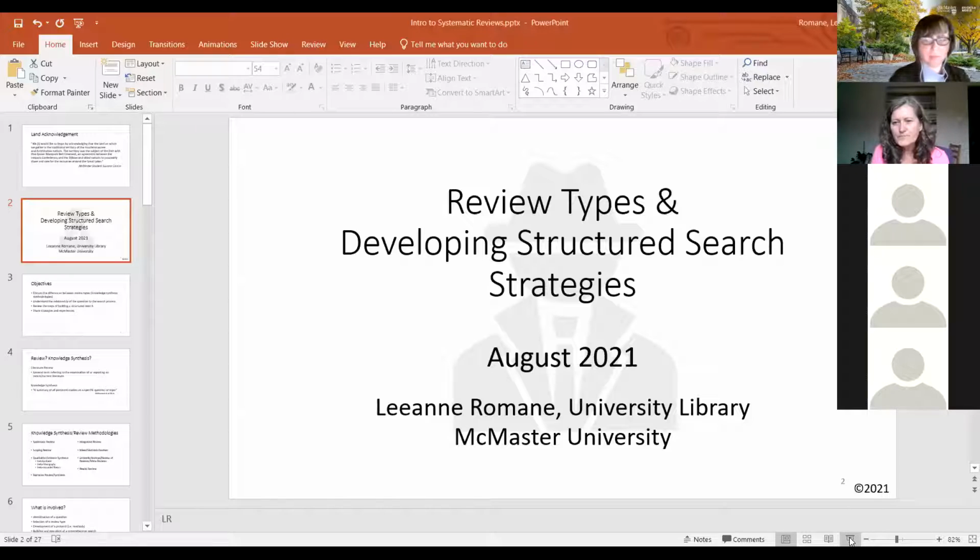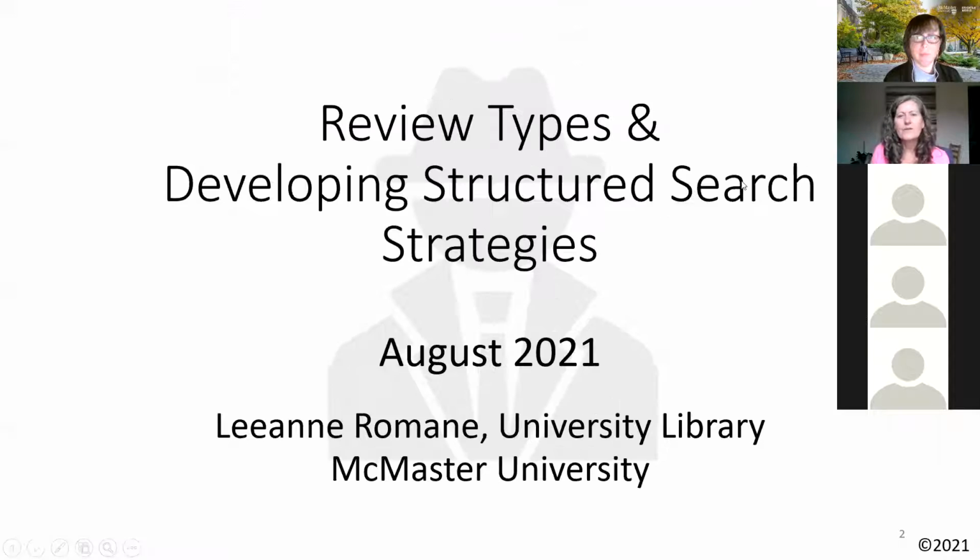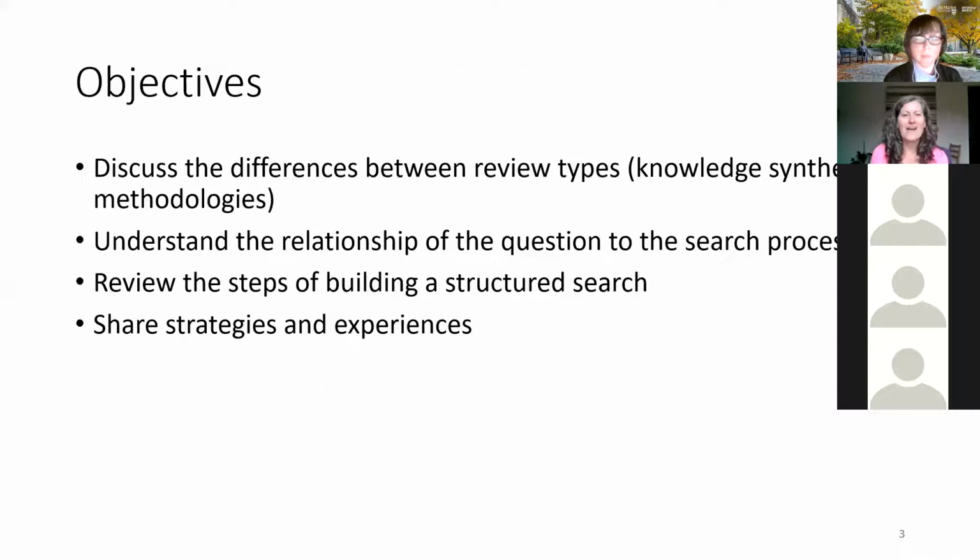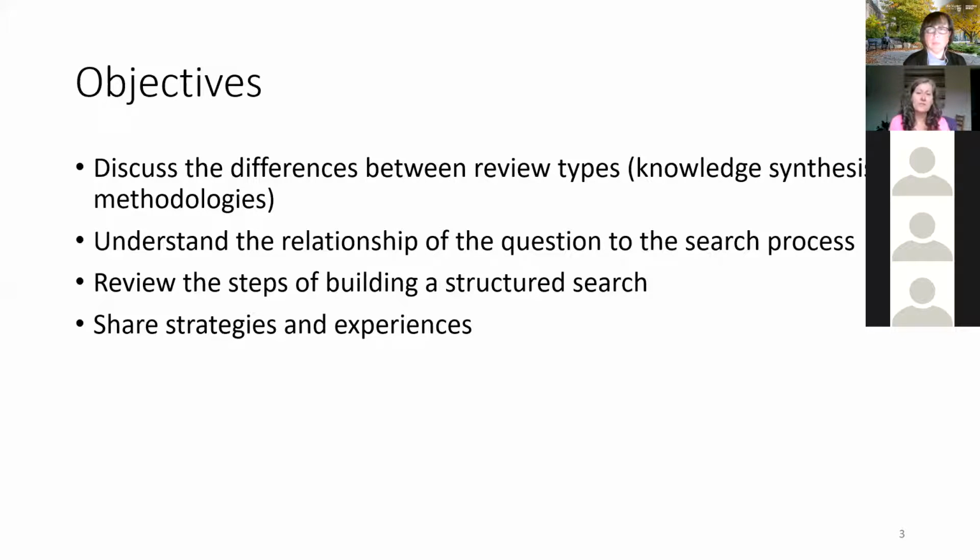It's titled Review Types and Developing a Structured Search Strategy, because that's very important to understand. So that's where we're going to start off. We're going to talk about some of the differences between the review types, and understanding the relationship of the question to the research process, because this is so important.